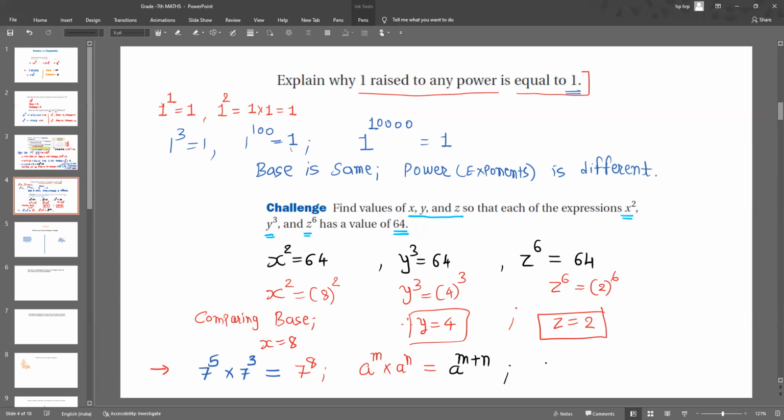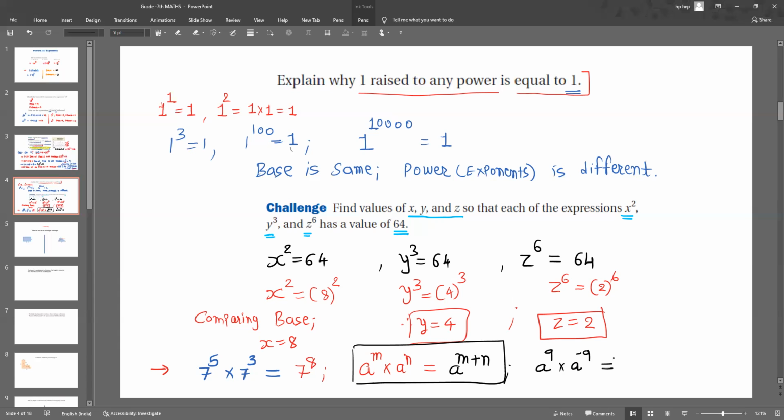Now I take another question. If I have a raised to 9 multiply a raised to minus 9, what do we get? Here we apply the same rule, a raised to m multiply a raised to n.